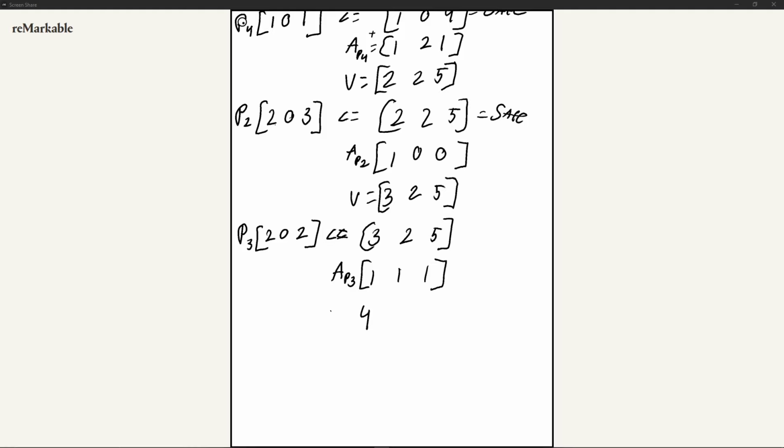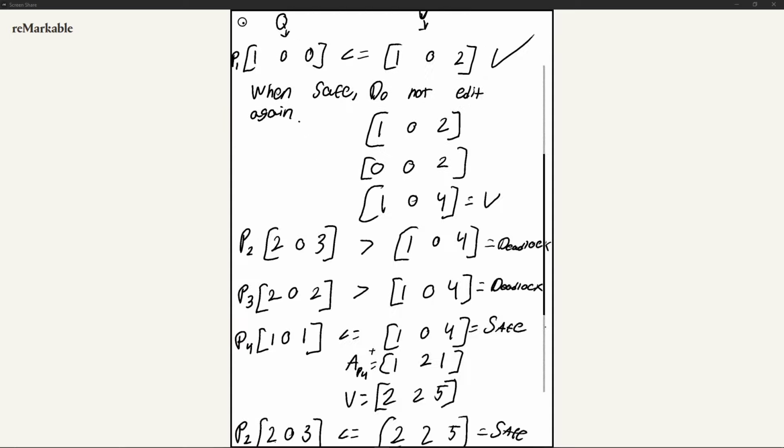And now our V is equal to 4, 3, and 6. And this is now safe. And now we can, of course, remove this from our queue.